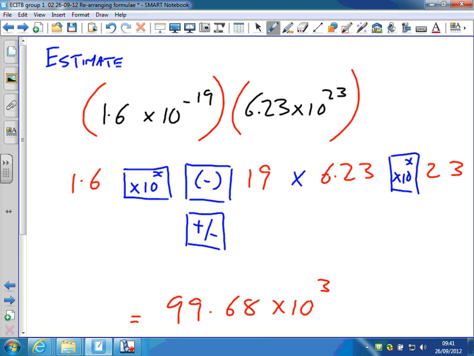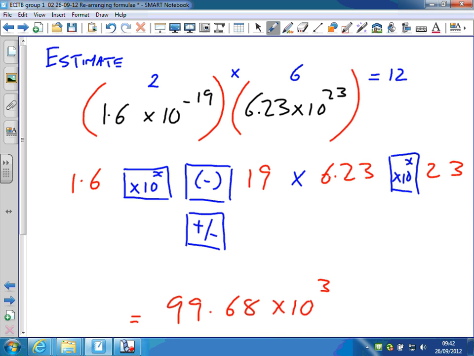Round the number to one significant figure. So 1.6 is 2 to one significant figure. 6.23 is 6 to one significant figure. 2 times 6 is 12. So I'm going to expect 12-ish. And then what do I do about the powers?